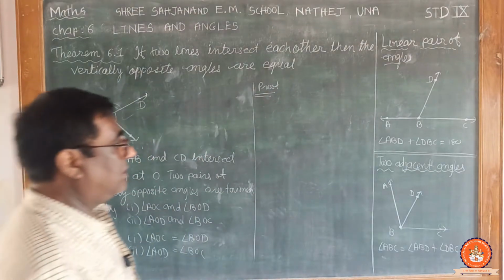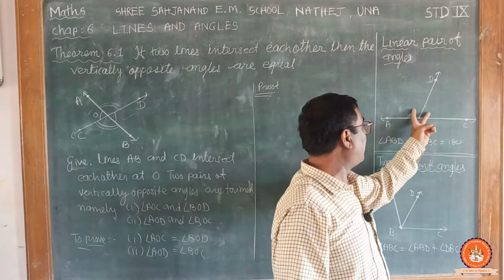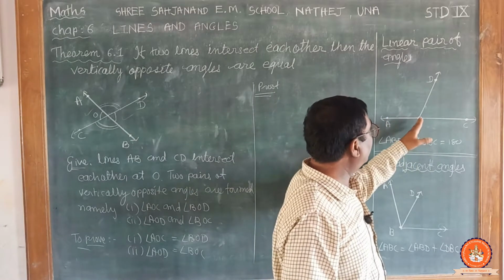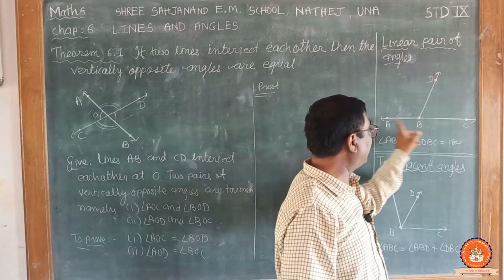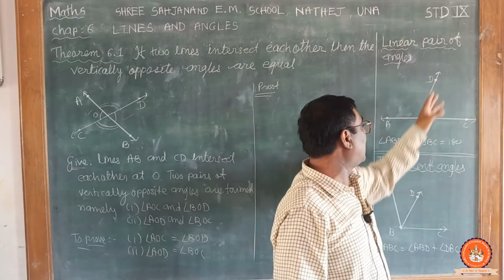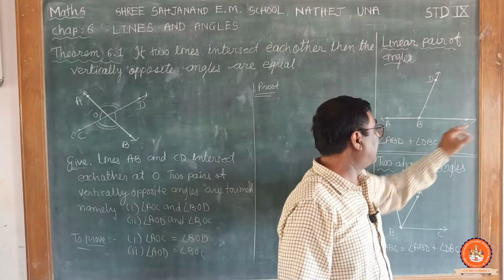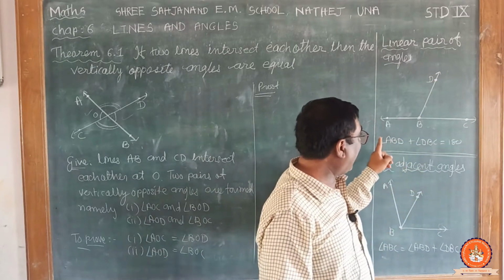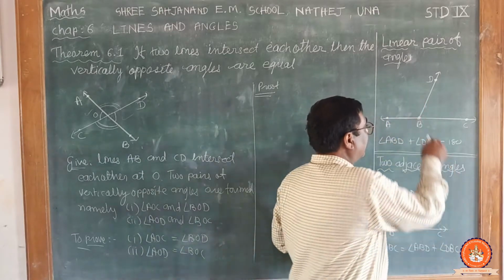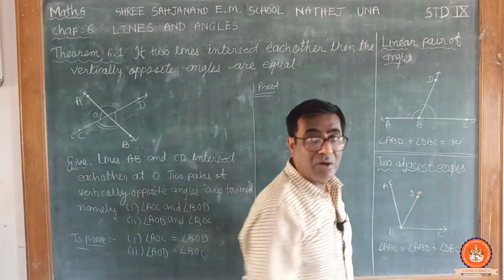Now my friends, let us see. These are two linear pairs of angles. If ray BD stands on line AB, then the two angles formed by this common arm are ABD and DBC. So angle ABD plus angle DBC is equal to 180.